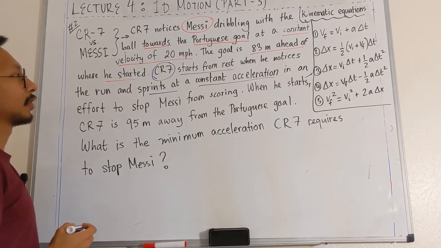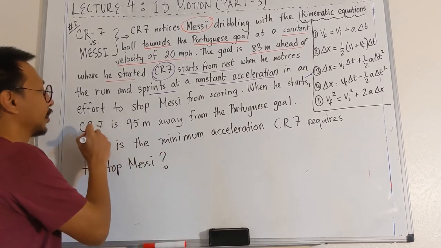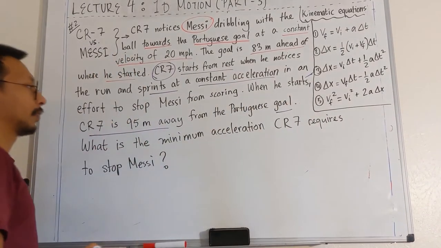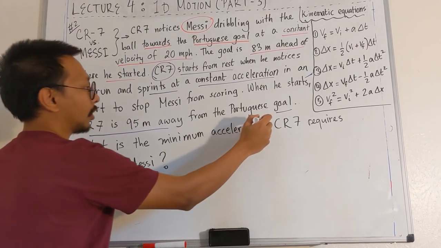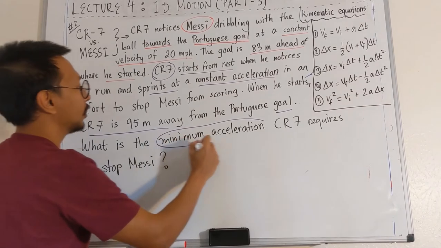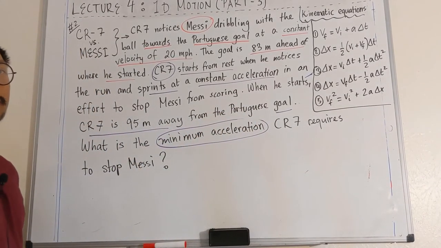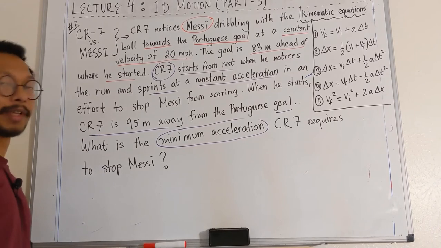When he starts, CR7 is 95 meters away from the Portuguese goal. What do we want? Our target variable is: what is the minimum acceleration that CR7 needs to stop Messi?